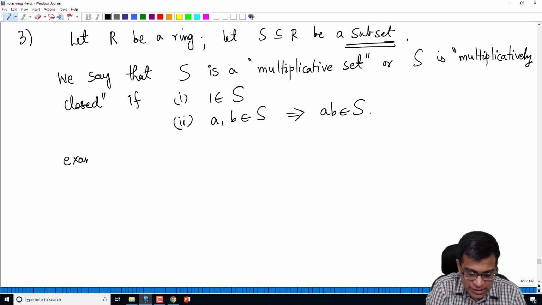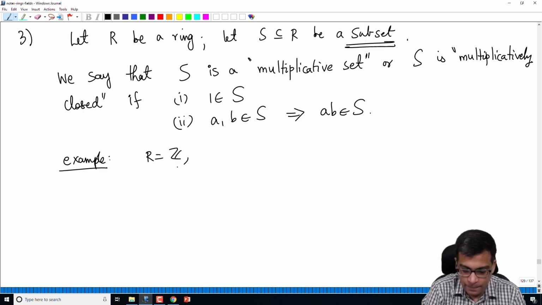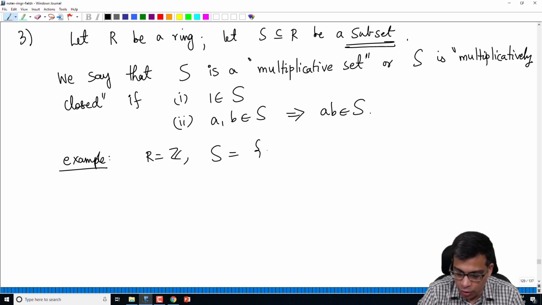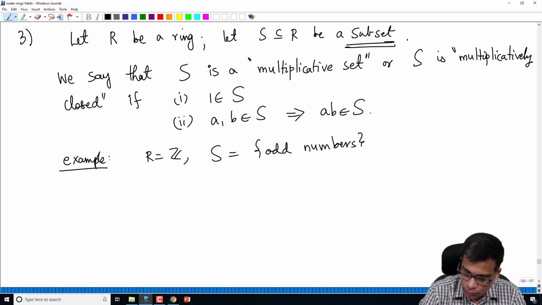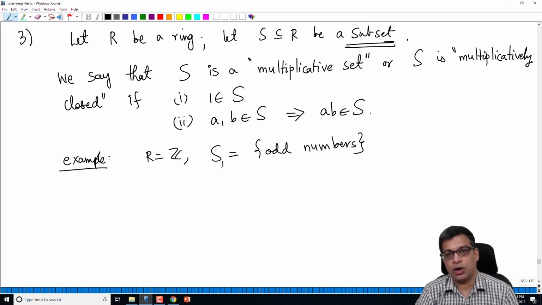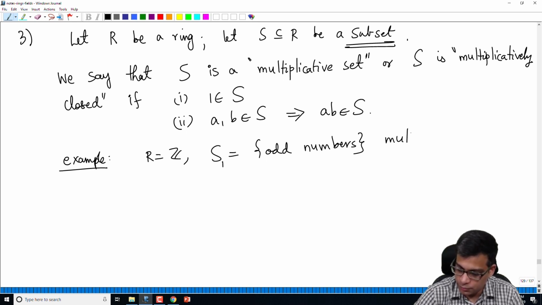So most of the time these are not ideals, or any kind of closure under addition will not be there. So let me give quick examples. If R is Z, you can take S1 to be odd numbers. So 1 is an odd number, the product of two odd numbers is an odd number, so this is multiplicative.